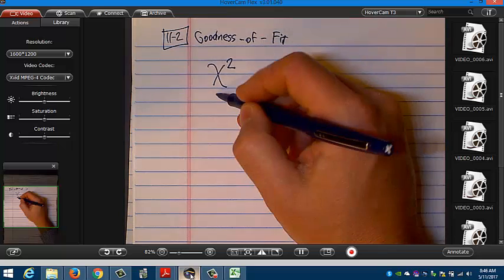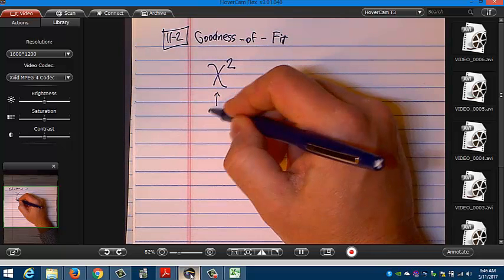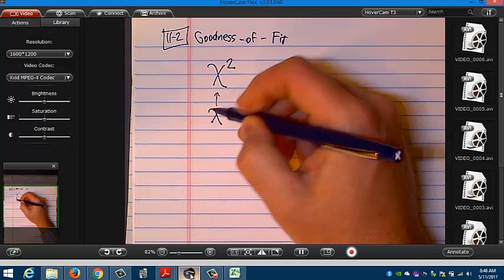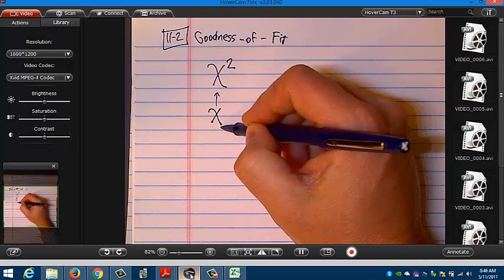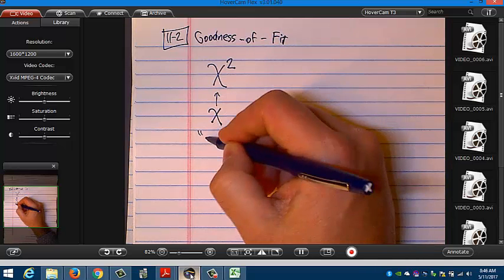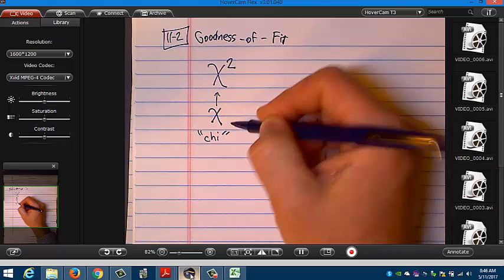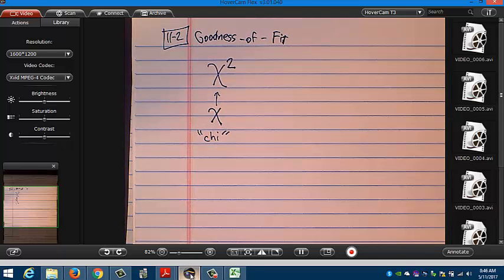This guy here is the Greek letter. You make it with an X with a little curl here, and it's pronounced chi. Usually people write CHI, but it's pronounced chi. And chi squared is what you call this, chi squared.